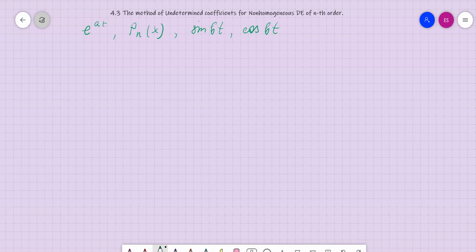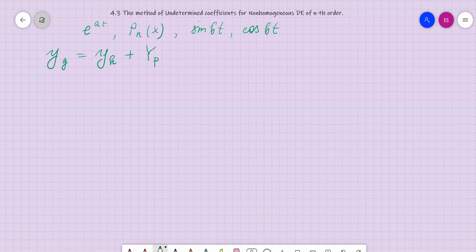And the general idea is to search for a solution in a similar shape, just leaving some constants to determine after substitution into the equation. So generally speaking, we are going to look for a particular solution. As we probably remember, the general solution consists of the homogeneous solution plus some particular solution yp.